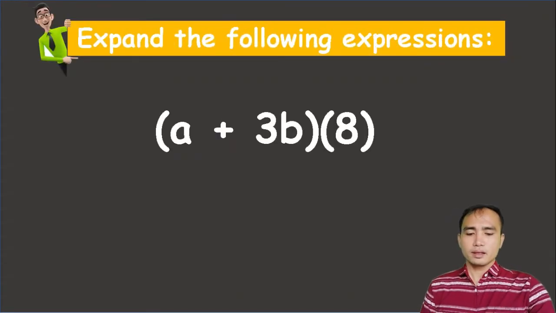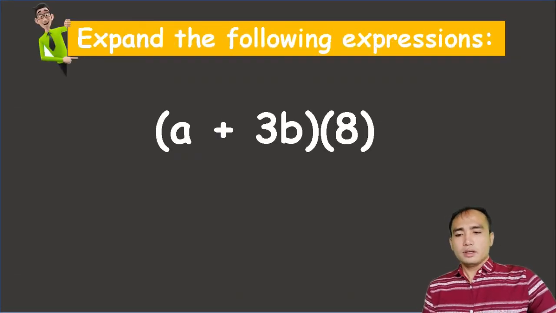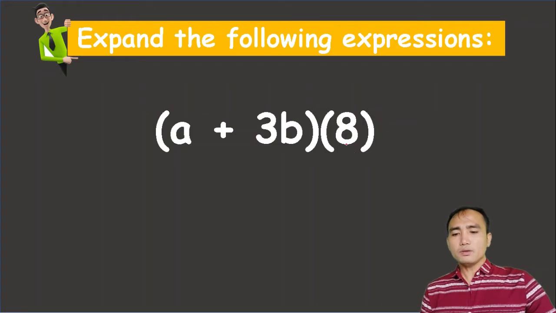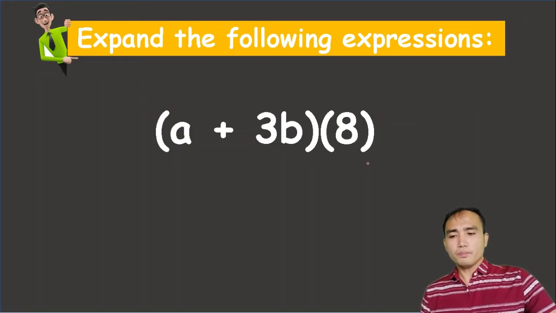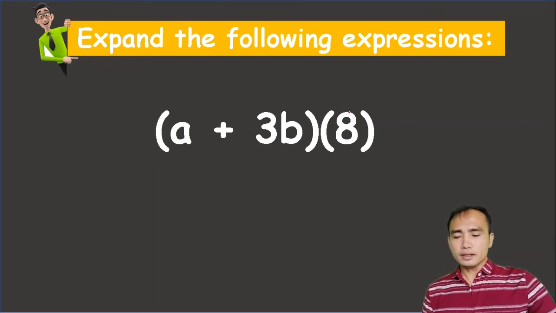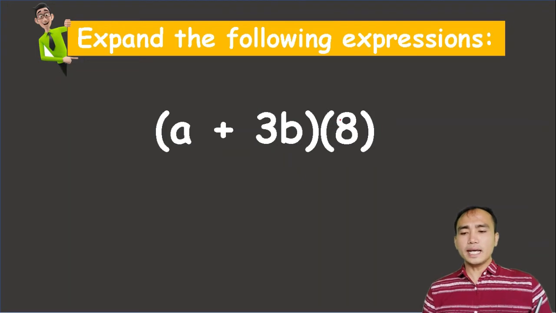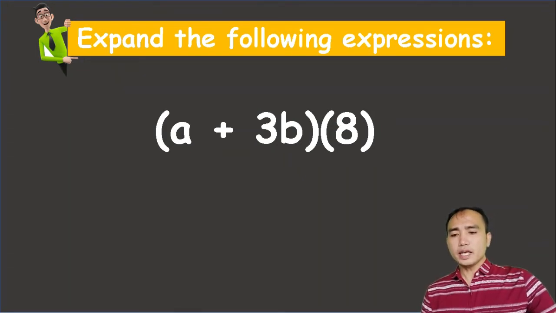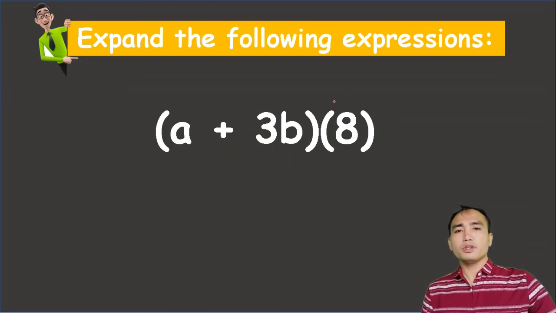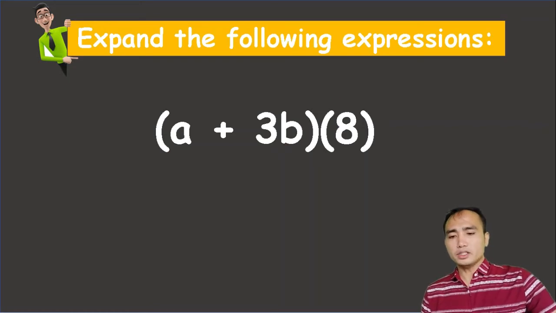Next, how about if the factor is found on the right side of our group? Example, the group a plus 3b times 8. So don't be confused about that. Just apply the same process, the distributive property of multiplication.